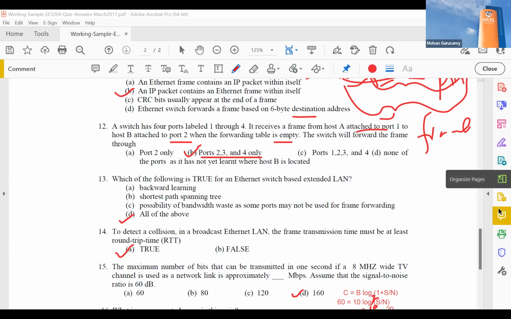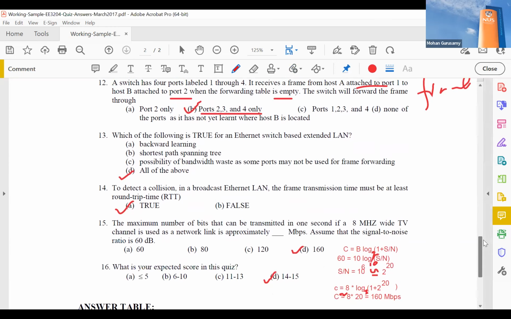Question number 13. Which of the following is true for an Ethernet switch-based extended LAN? Backward learning, yes, that is correct, because an Ethernet switch-based LAN uses backward learning to learn where the host is. Shortest path spanning tree, yes, it uses shortest path spanning tree for frame forwarding.